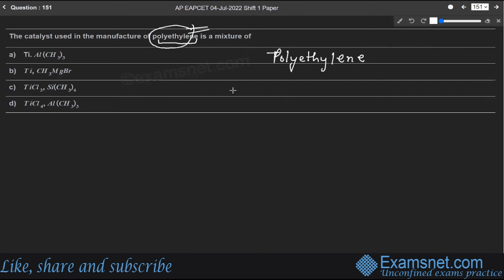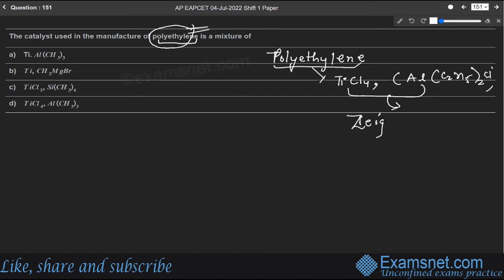These two compounds are used when you manufacture polyethylene, that is TiCl4 and Al(C2H5)2Cl. These catalysts are known as the Ziegler-Natta catalyst. Again, as in the PYQ, identify which is a Ziegler-Natta catalyst.